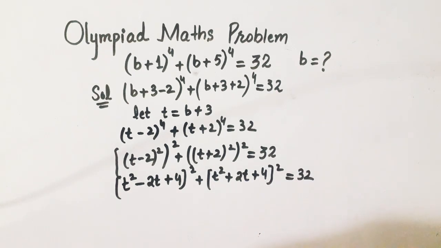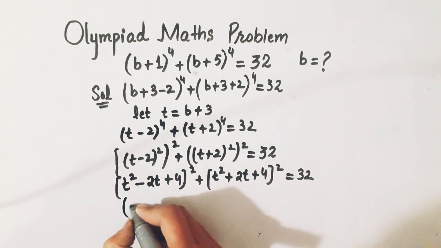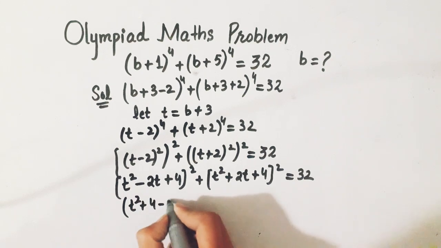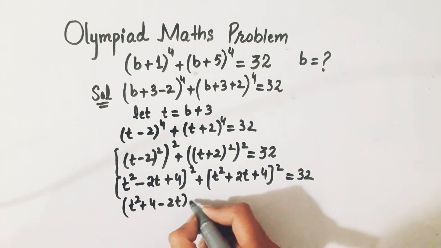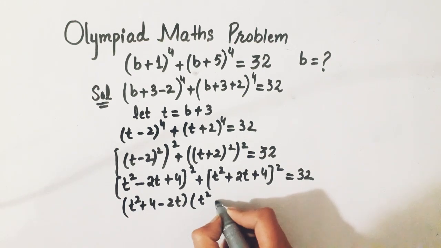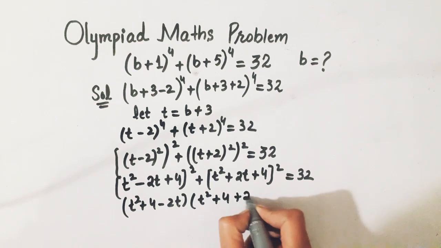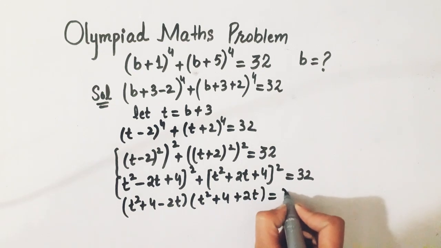Now how will we solve this? We have the same things, t squared plus 4, in both. First is (t^2 + 4 - 2t), and the next one is (t^2 + 4 + 2t), and that equals 32.